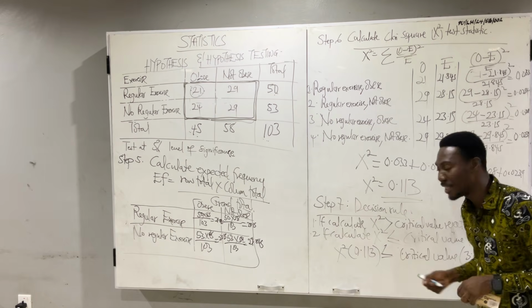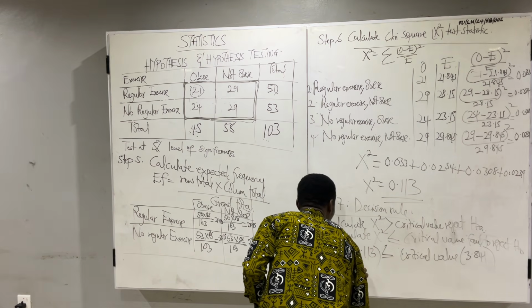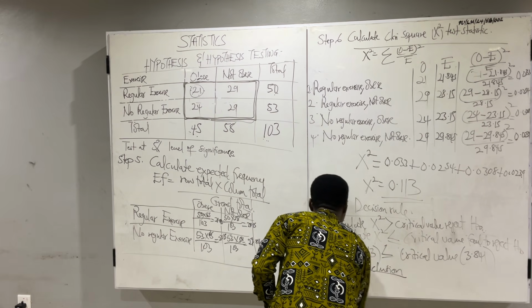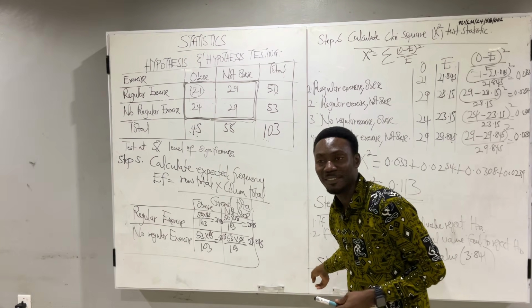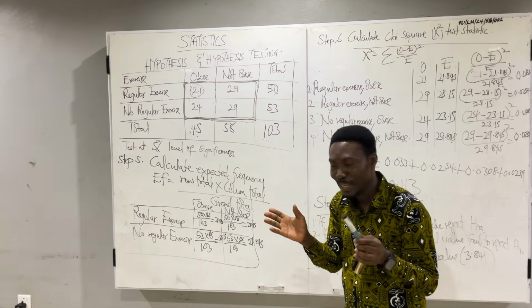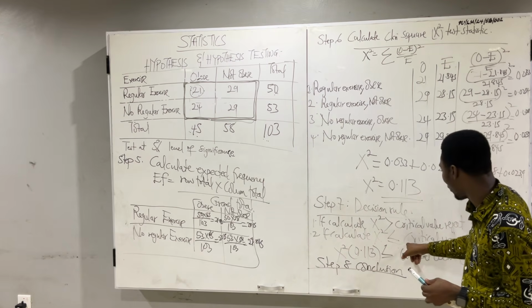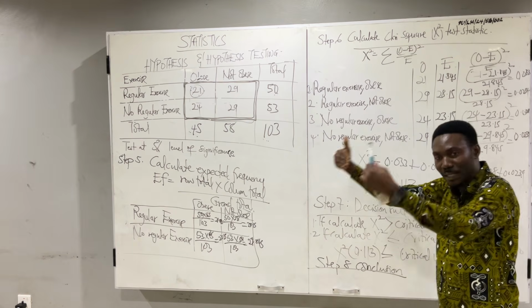So for the conclusion, you just write step 8, conclusion. Then you just copy the null hypothesis there. You don't think about anything else. Because the decision says if calculated chi-square is less than or equal to critical value, fail to reject H0, meaning accept the H0.